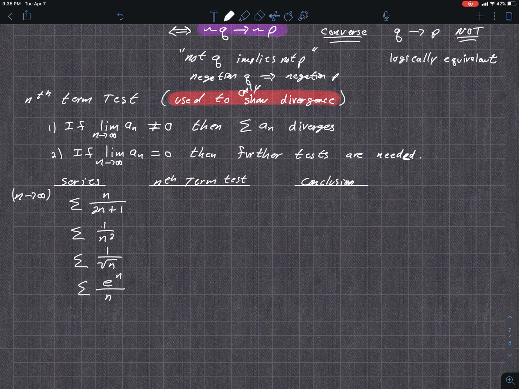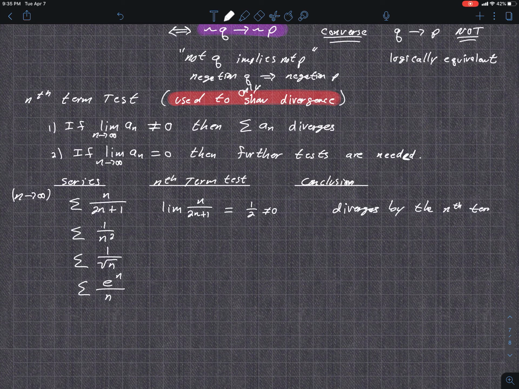The series diverges. It's automatic. So you look at the limit of n over 2n plus 1, and we know that is 1/2, which is not equal to 0.